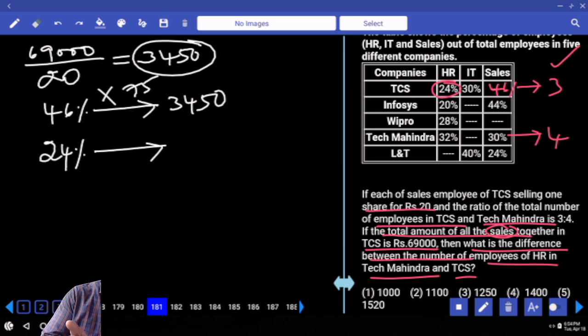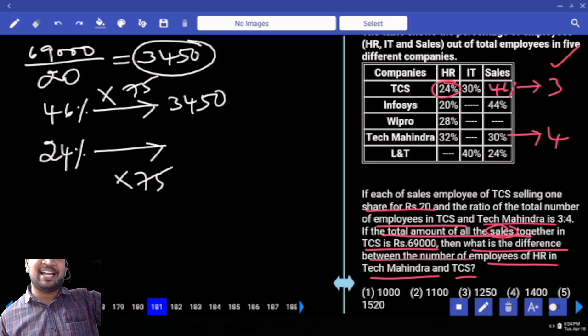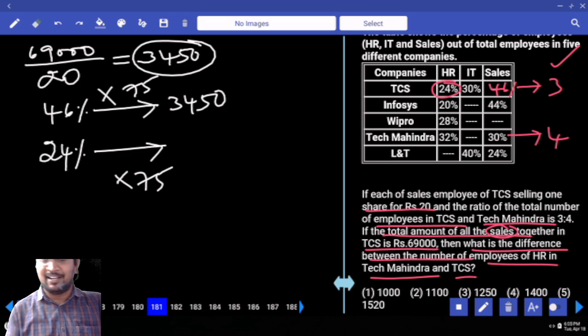For 50 times, 46 is 4 times less, therefore that goes 75 times. 24 is 75 times. 20 times 75 is 1500, 4 times 75 is 300, 300 plus 1500 is 1800.